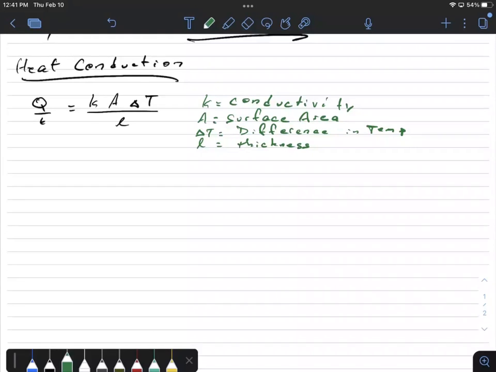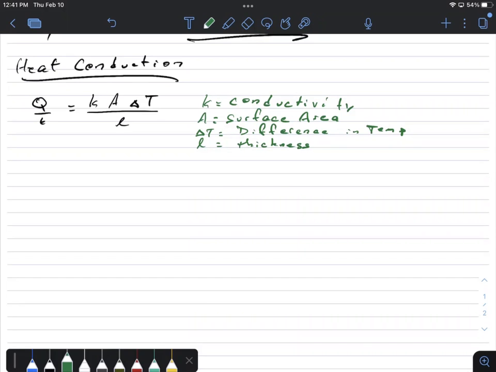And of course, another thing to note as scientists is that every time we're given an equation, that equation stands for a number of different equations, not just one. So the way I've written this equation is as an equation to calculate the heat transfer rate.